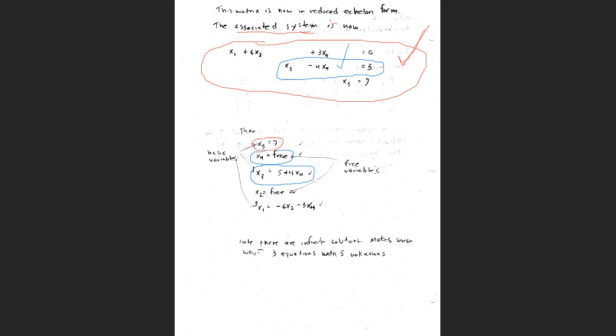Okay. And now, we're going to let x2 be free, but then based on the first equation, since x1 plus 6x2 plus 3x4 equals 0, x1 would have to equal negative 6x2 minus 3x4.